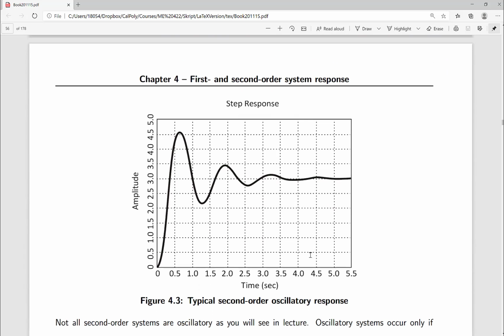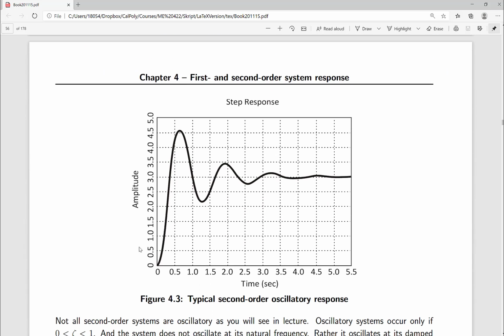Like I said, a second order system can oscillate. It might not oscillate, but it can. A first order system cannot oscillate. End of story.